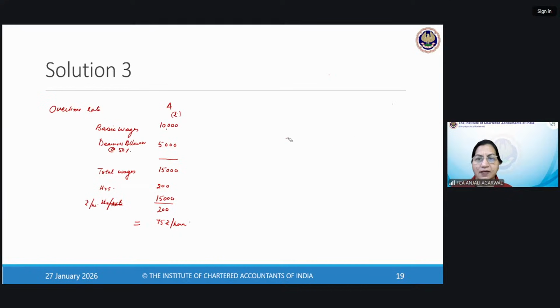Now the ESI and PF will come as a role will be there, because actually the employer's cost is that also another 10%, right?